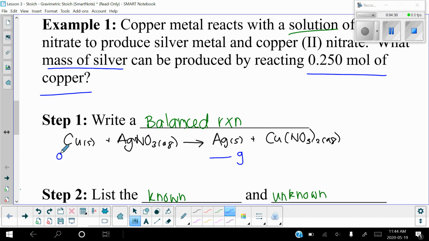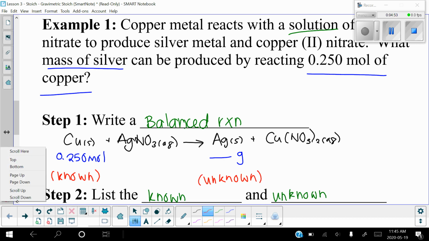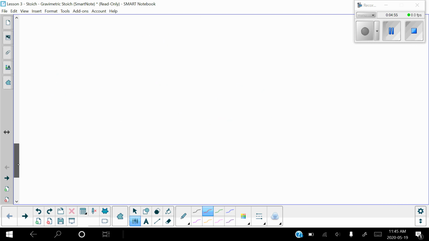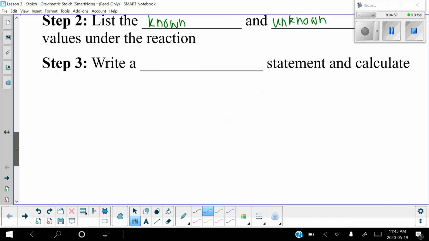So our known is 0.250 moles of copper. Okay, so this here is my known. And this is my unknown. Okay, there's step 2. Now, step 3 is to write a stoich statement.